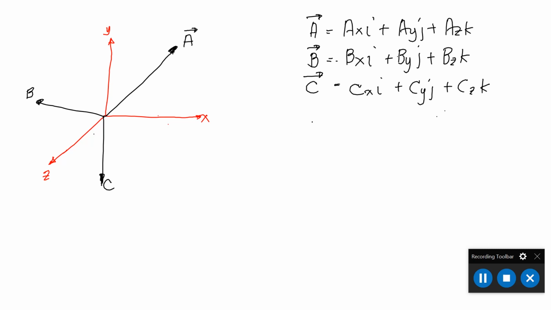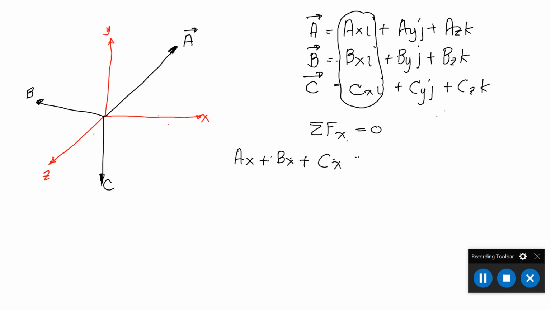So, first, from the condition that the summation of all the forces along x-axis must be equal to zero, so you're going to sum up all of the forces along the x-axis. So, if we're going to add this, considering just the magnitudes, so A_x plus B_x plus C_x is equal kay 0.